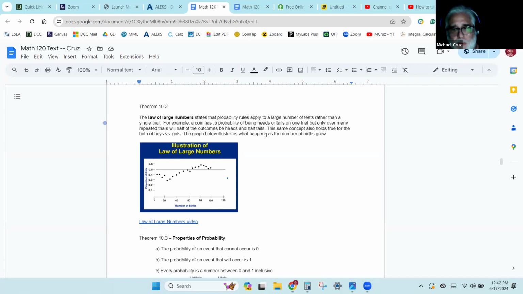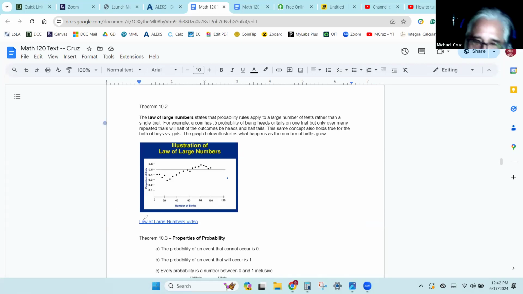What that means is not just based upon 2 or 3 flips of the coin, but if you do it bunches and bunches of times, as the number grows, which is what this dot's showing, it gets very close to and starts hugging this line, which represents 0.5 or 50%. This right here is talking about births of boys and girls.